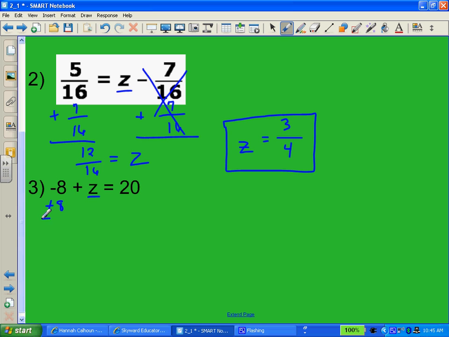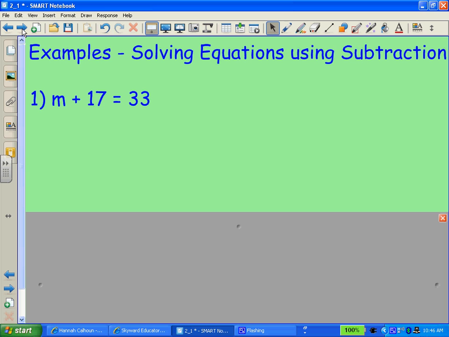Now that seems weird because I have this plus sign after it. But just remember that I go with the sign in front of the number that I'm moving. So I have -8 plus 8, that's 0, that cancels, so I just have z left. And then 20 plus 8, that's 28. So then I have my answer. So beware of those where they throw a negative sign in front of the number. Remember to do the opposite of the sign that's in front of your number.